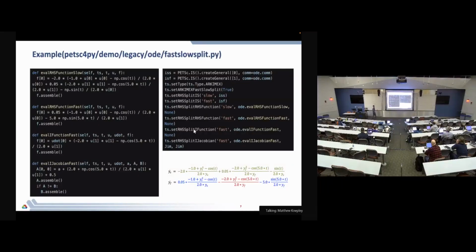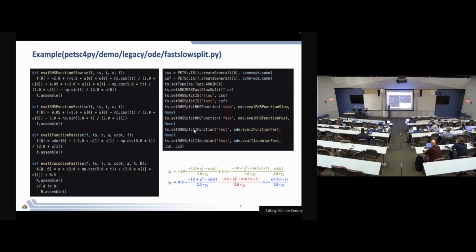Here's a concrete example on how to do it in Python. The solver is available in both C and Python. So this is a very simple 2-component ODE, and we want to treat the red part implicitly while everything else explicitly. So we have to implement the 4 callbacks.